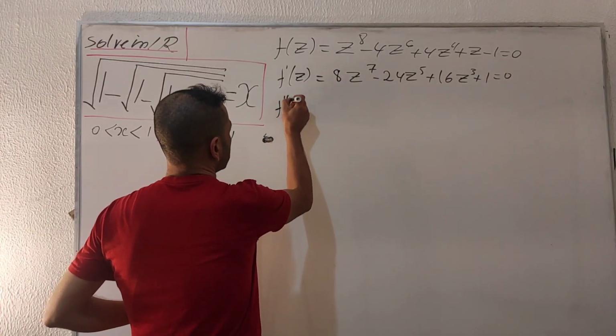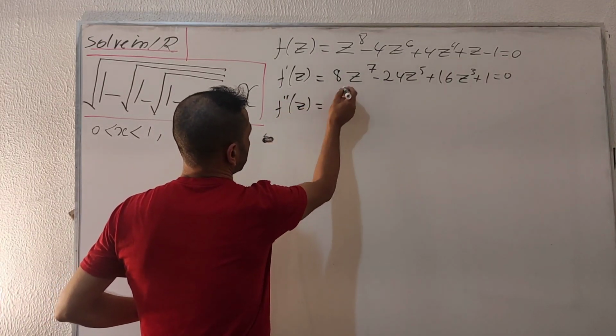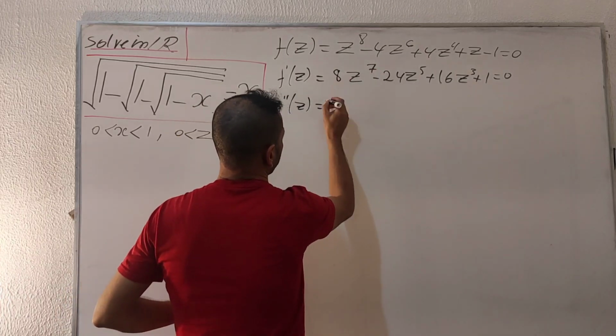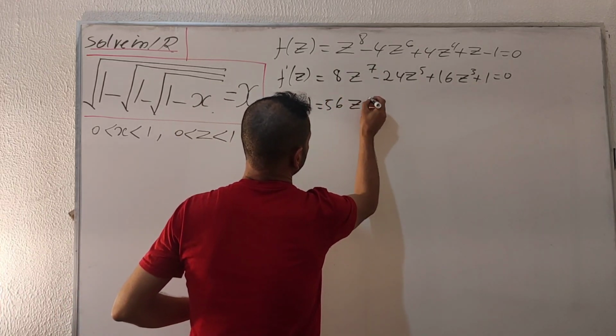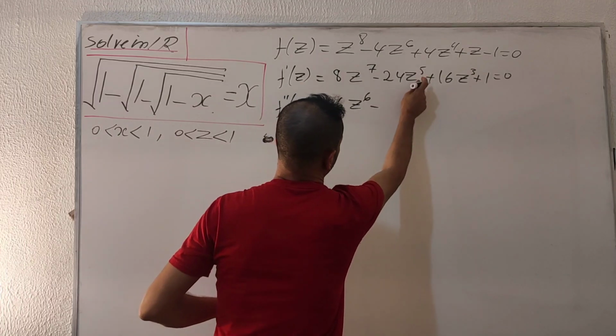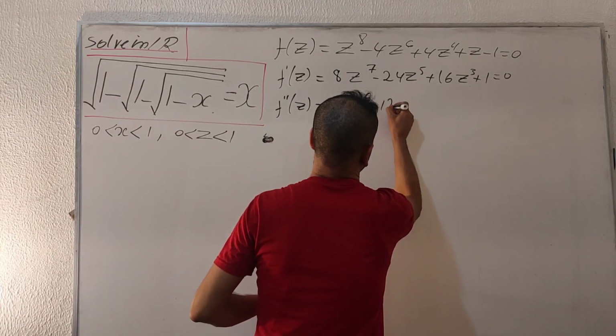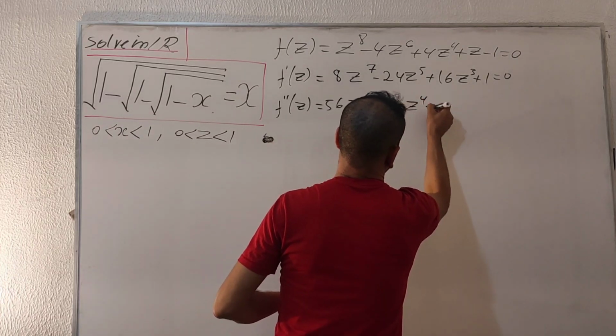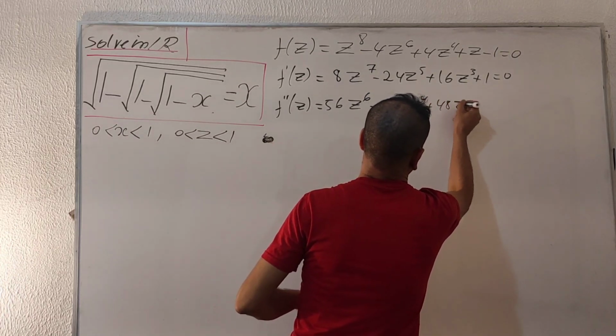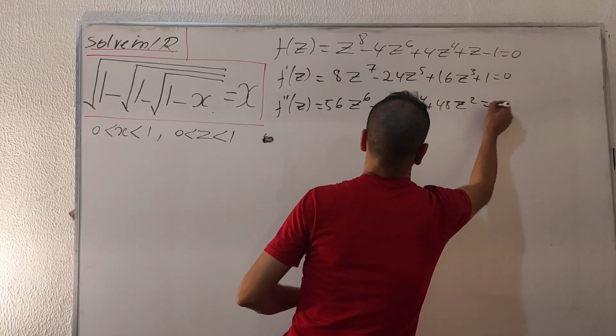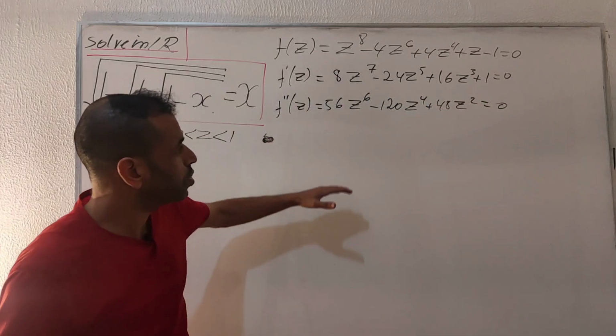Let's move on to the second derivative function. We get 7 multiplied by 8, which is 56z to the 6, minus 5 multiplied by 24, which is 120z to the 4th, plus 48z squared, equals 0. Now the equation becomes simpler to work with.